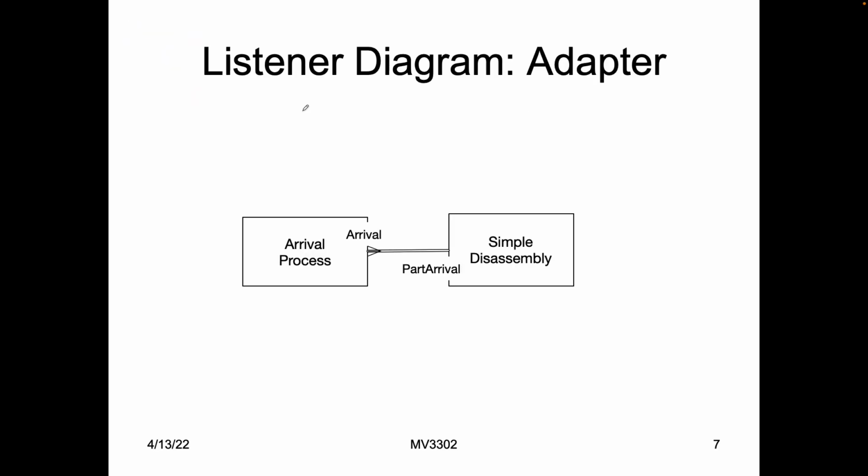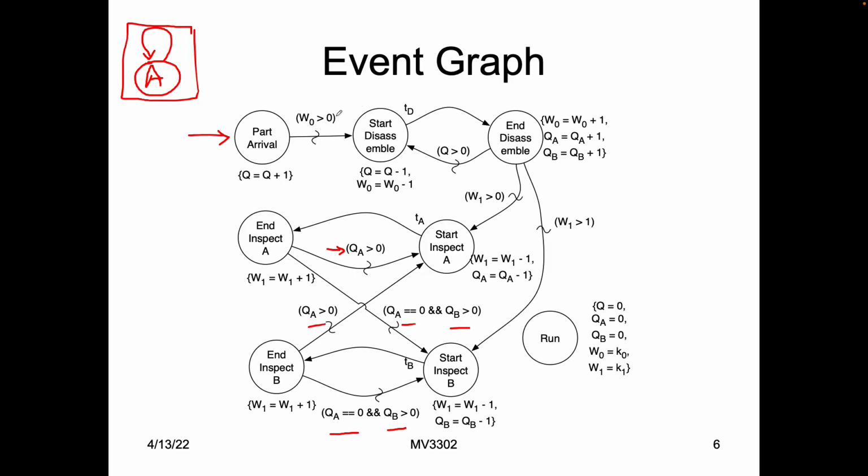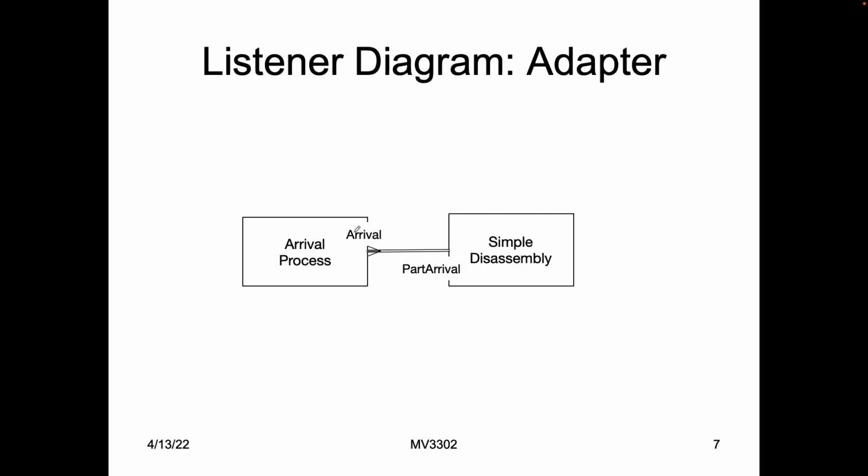So how do we fix that? We fix that with something called an adapter. An adapter does exactly what you might think. In other words, we have an event that matches in everything except name, and it has to match the argument. But if the only disparity is the name, then we can simply create an adapter. And the adapter in this case would adapt the arrival event to the part arrival event.